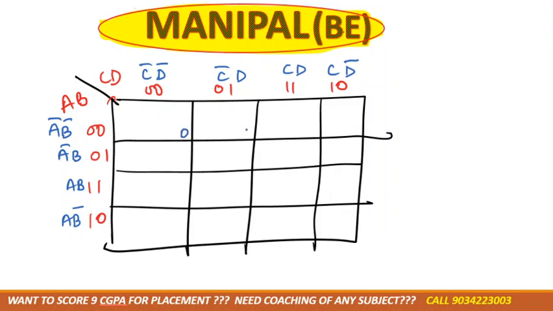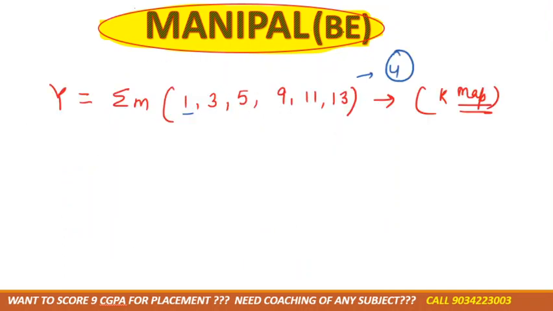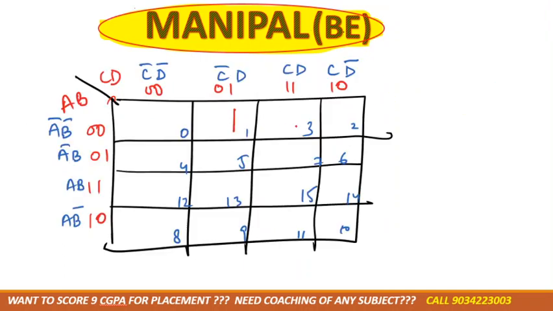Like suppose it is 0 1 2, right? Then 4 5 6 7 8 9 10 11 12 13 14 15. So they have given you 1 3 5 9. So put it 1 3 5 9.